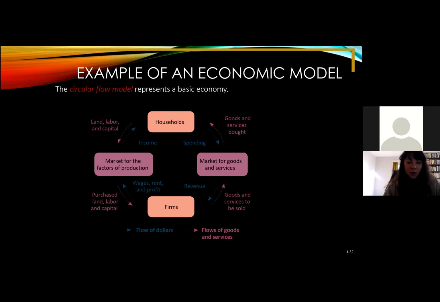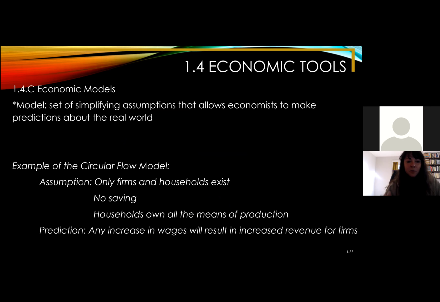So you don't need to know this model and use it. What I want you to do is to use this model to identify what is the difference between an assumption and a prediction. So there were a lot of assumptions in the circular flow model. The first one we made was that only firms and households, right?